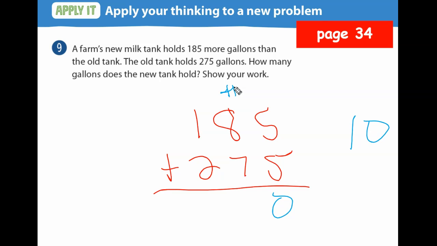Okay, so then what's 8 plus 7? 15 plus the 1 that I carried. 16. I put the 6 down, then I carry the 1. Now what's 1 plus 2? 3. Plus the 1 that I carried? 4. Okay, you should have this then.